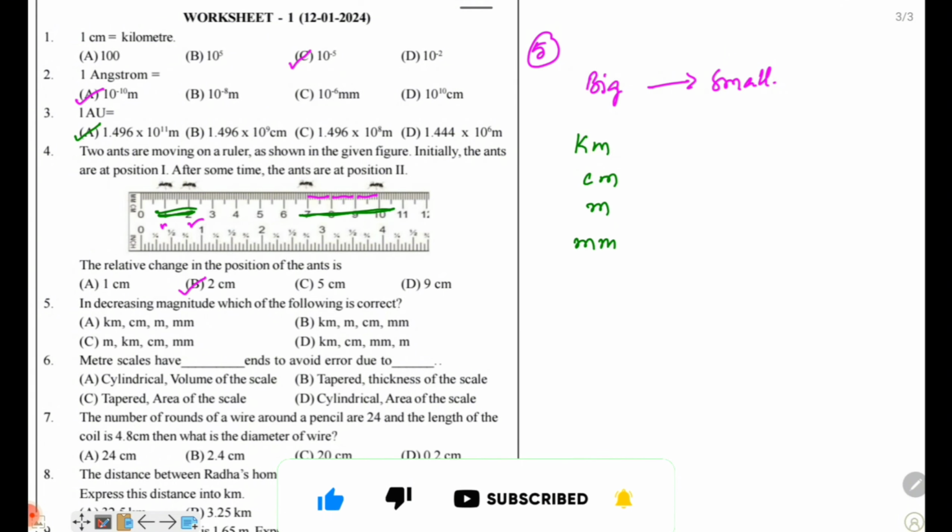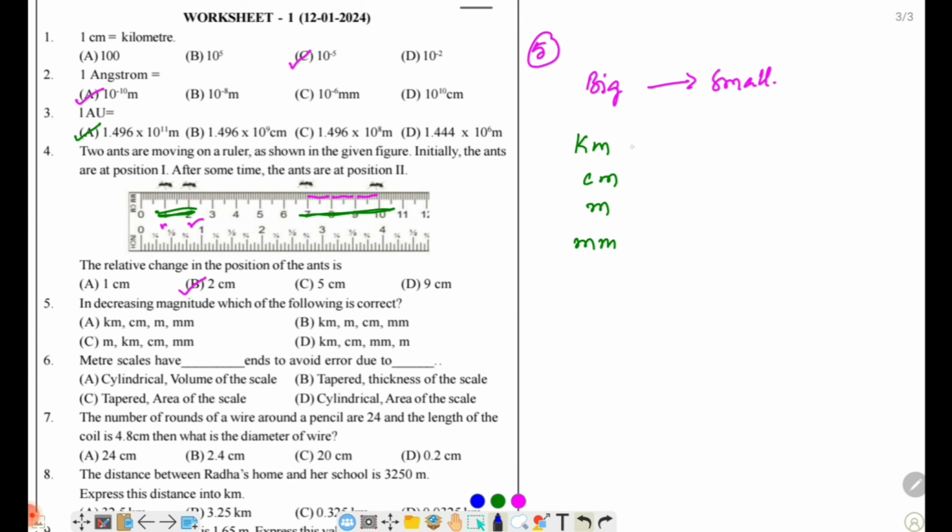We know that kilometer is the greatest one in this, so I'm giving number 1 for that. Next, meter is the second highest, and after meter, centimeter, and finally millimeter. Simple, right? So now arrange the order.